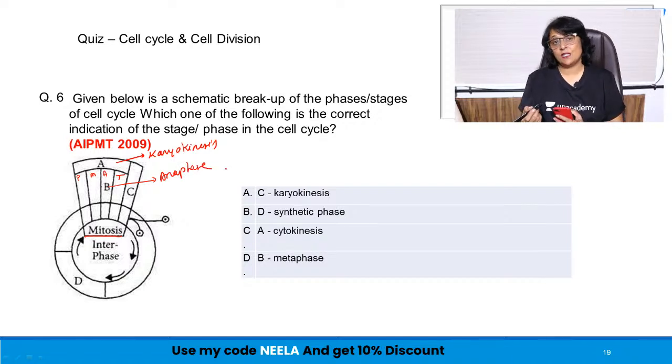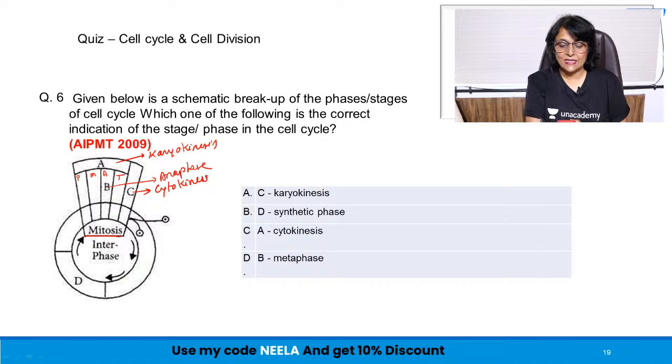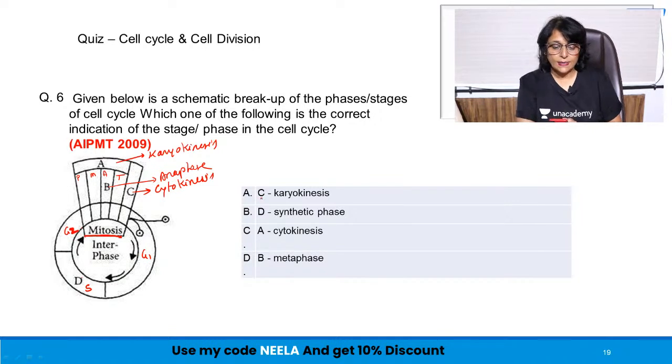And what happens after karyokinesis? That is cytokinesis. So C should be cytokinesis. And if this is the division phase, this is going to be G1. Sorry, this is G2, this is G1, and this is going to be the S phase. So now, is C cytokinesis?